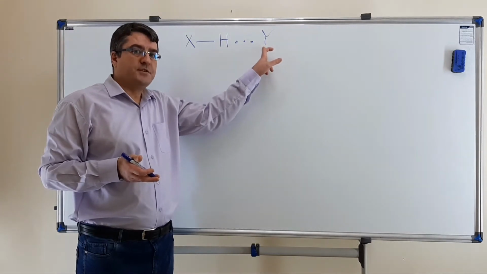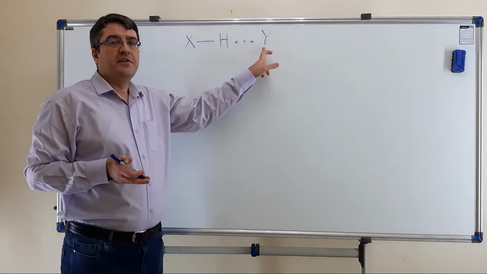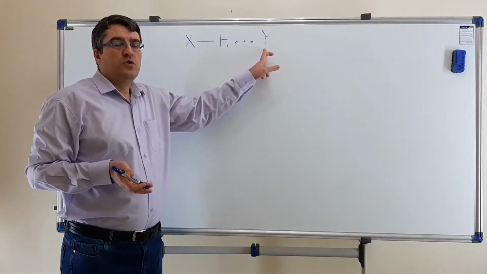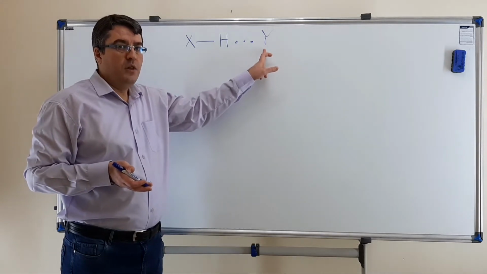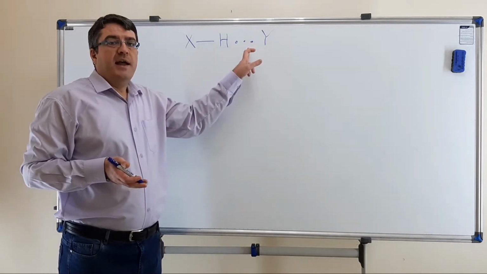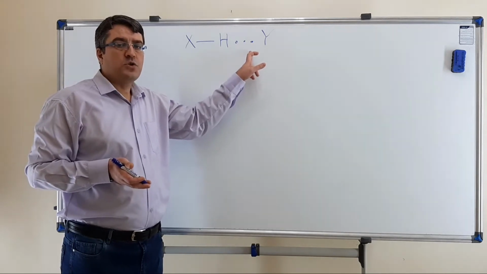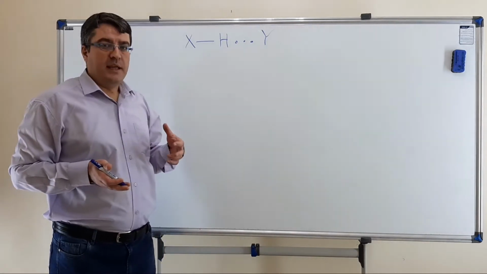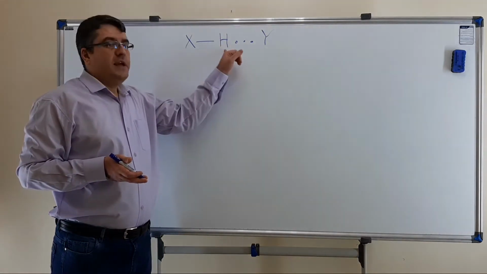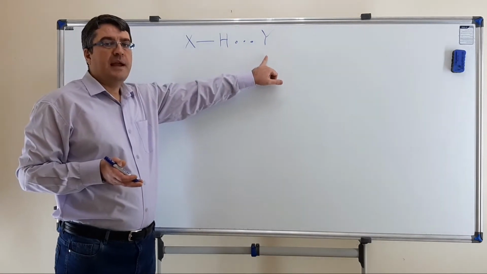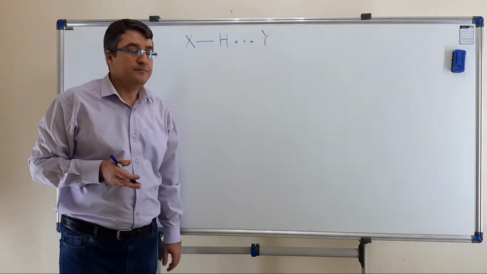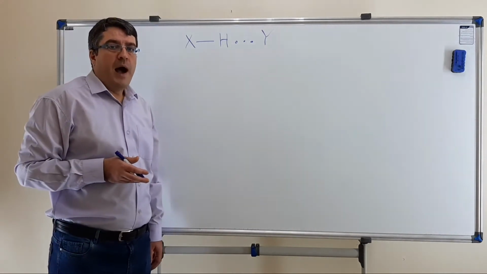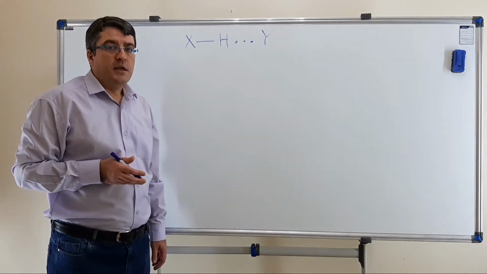The energy of hydrogen bond, which is usually in the range of 3 to 15 kilocalories per mole or 12 to 65 kilojoules per mole, results from the electrostatic interaction and also the orbital interaction between the antibonding molecular orbital of XH and non-bonding molecular orbital of Y. So in this way, IUPAC describes hydrogen bond in its Gold Book.